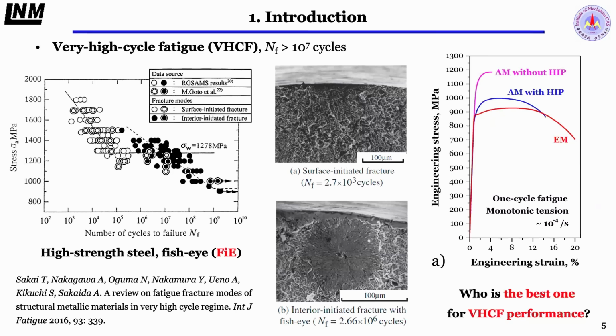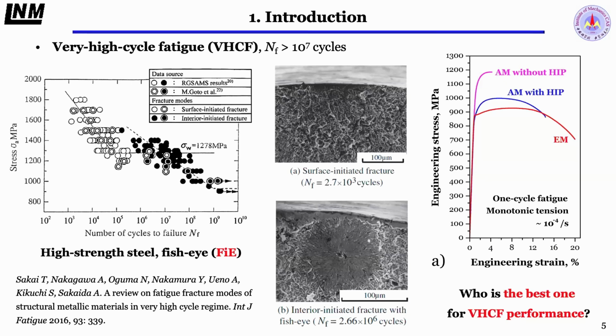This is Professor Sakai's result. You can easily find the duplex SN curve. For the high cycle regime, the fatigue crack starts from the specimen surface, and as the fatigue cycles increase, the crack shifts to the specimen interior, with a fish eye morphology.